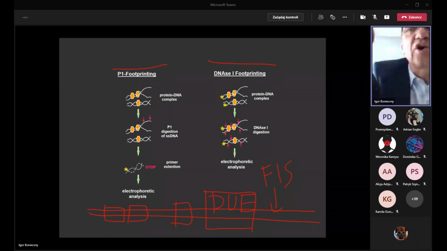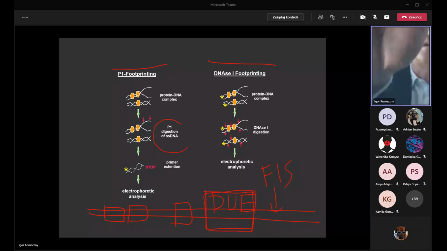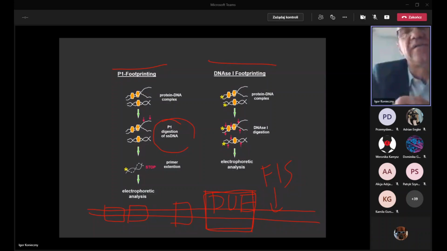So this is the core, the place where the origin unwinding, which you can identify using P1 digestion, would happen.